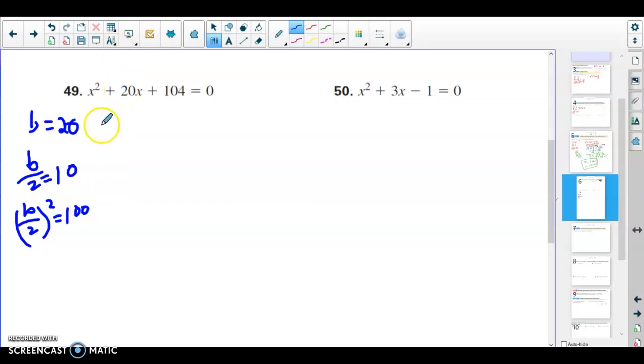So let's get rid of the 100. And we're going to move the 100 to the other side. It's a positive 100, so now it's a negative 104 over there. And I'm going to replace that value that I just moved right here with plus 100. And I'm going to add 100 on this side.